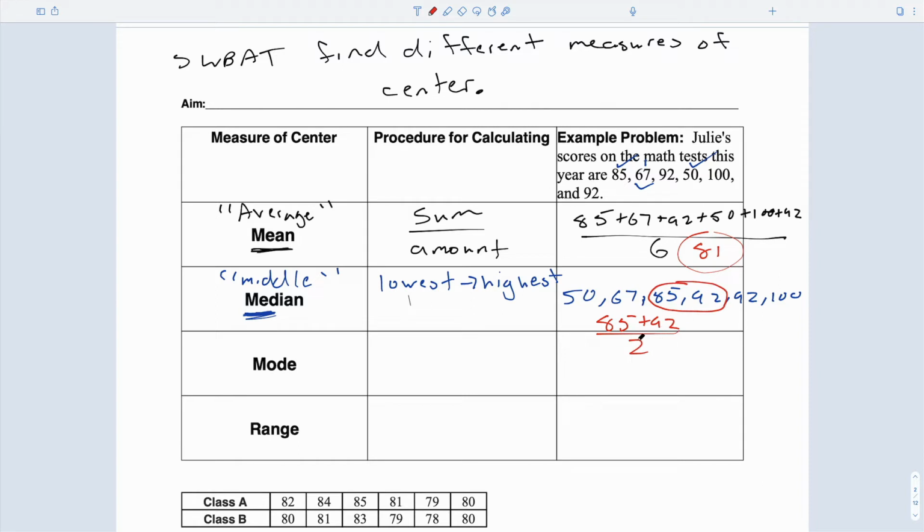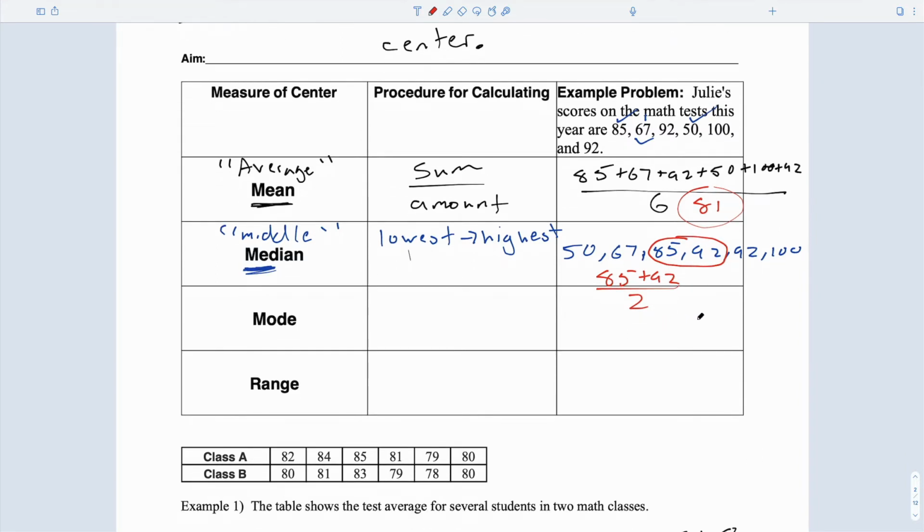Vienna, what is that number? 85 plus 92 divided by 2. 131 divided by 2? It's not 131. Try it again: 85 plus 92 and then divide by 2. I don't know where you got that number from. 88.5 is your median.